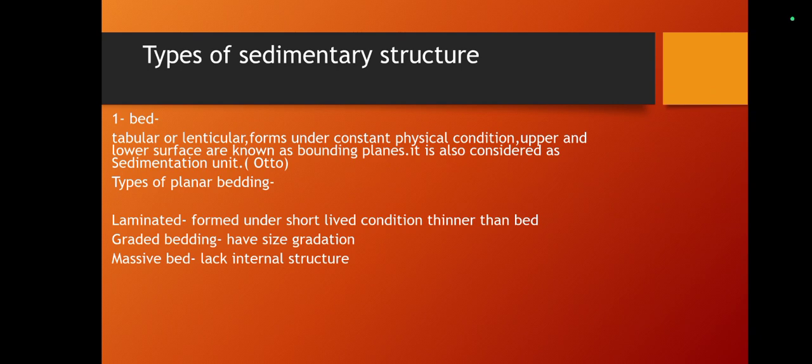Now coming towards planar bed, the types of planar bedding. Depending upon the internal structure, it is divided into three parts: laminated, graded, and massive. Laminated bed: what is a laminated bed actually? A laminated bed forms under short-lived conditions and is thinner than the bed.